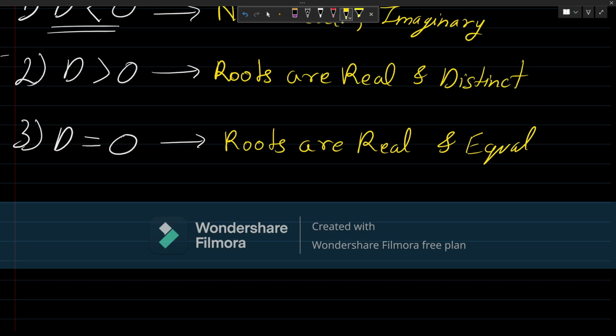The only difference between these two conditions is that here they are distinct and here they are equal. Only for the second condition can the problems be a little tough if they give tricky questions, but for the most part, the third and first conditions are really easy to solve.